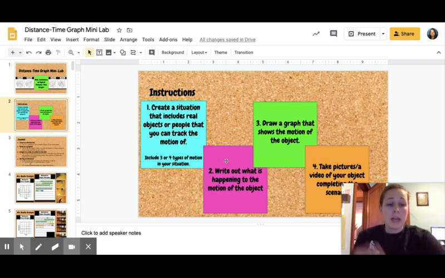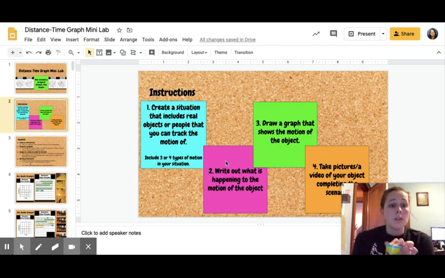If you want to create the situation and write it out, graph it, and then do it, absolutely. I found that when I was doing the Play-Doh ball, that was awesome because I knew exactly what I needed to do when I got my Play-Doh ball. I'm like, all right, it needs to go this way, and it needs to stop, and then it needs to do this.